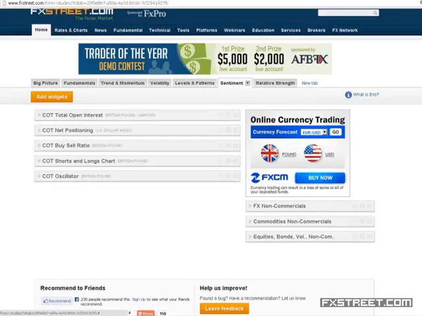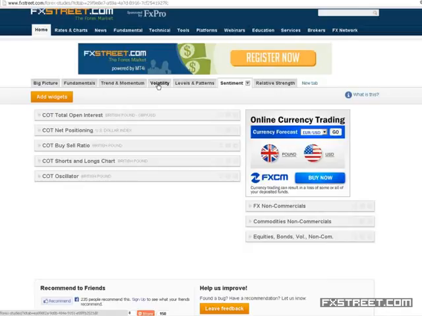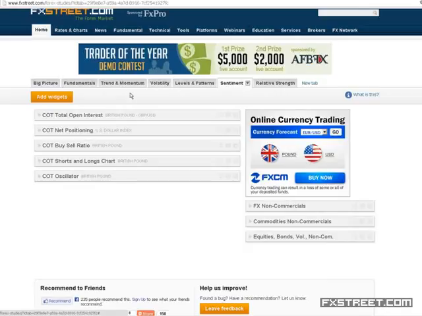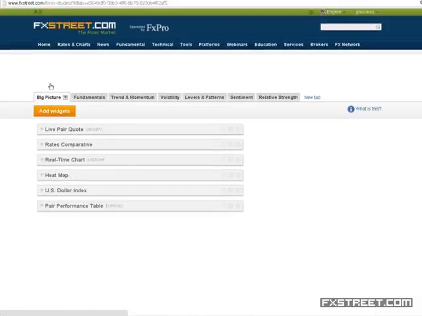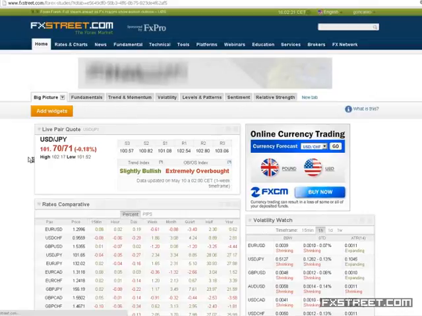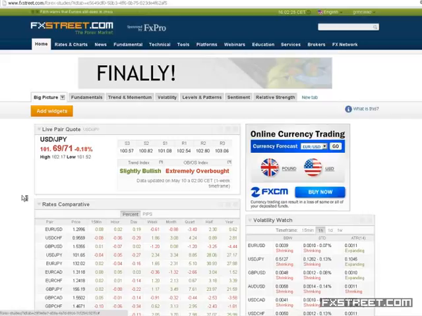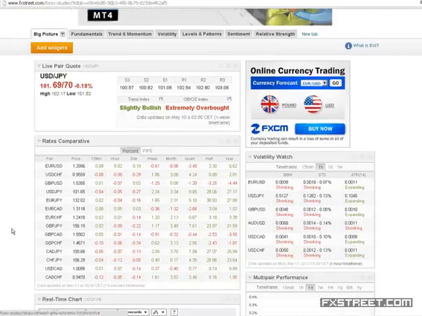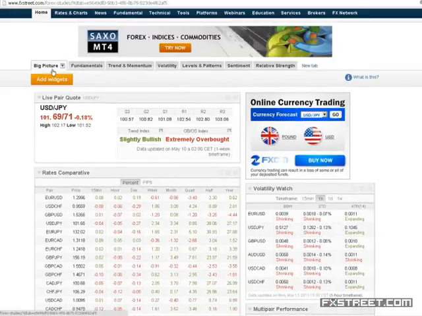You see that this environment is organized by tabs. In this case, I've organized it this way, where we have a lot of indicators from the most basic price feeds and rates comparative up to momentum, trend indicators, volatility, patterns, and so on. Okay, I've organized it in a personal manner.